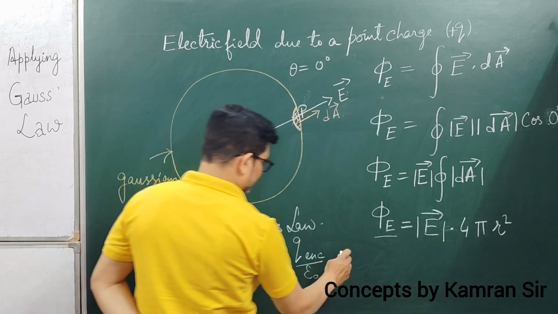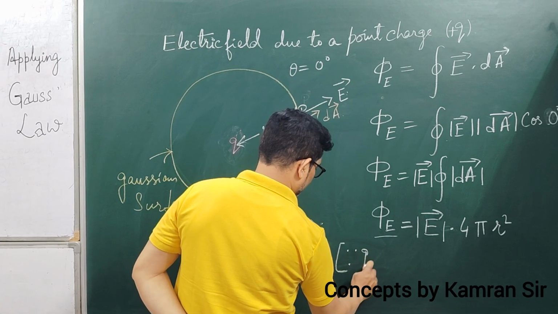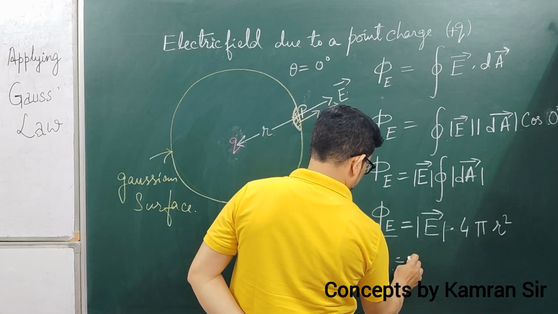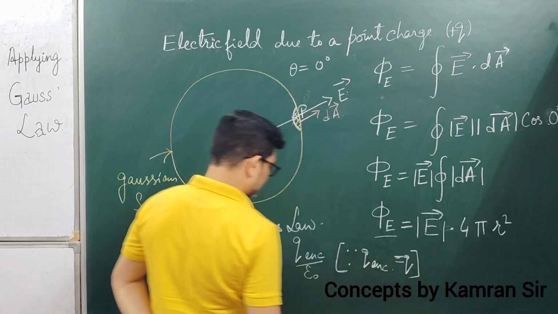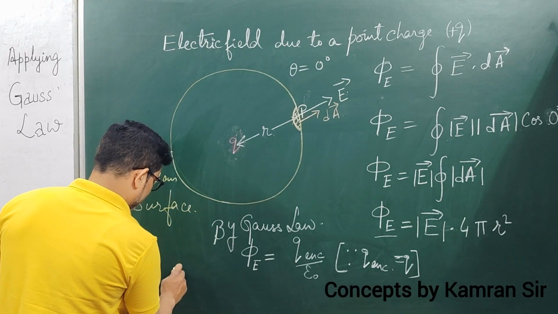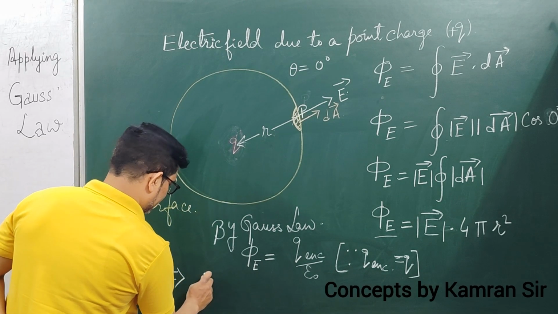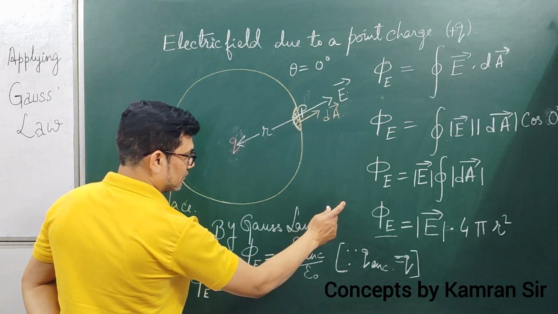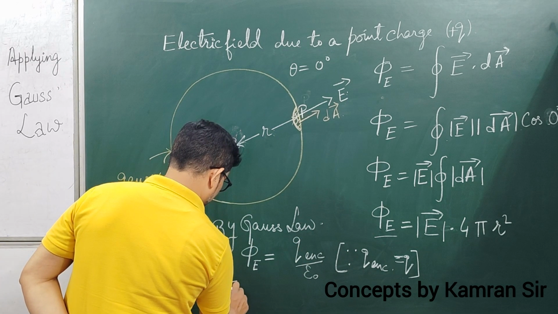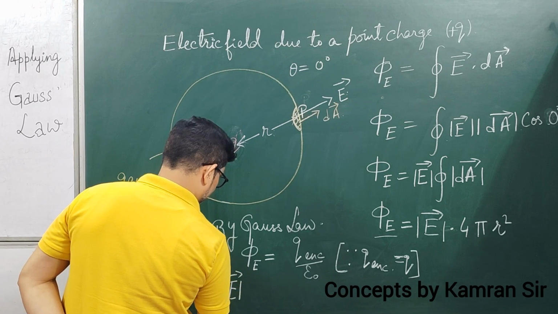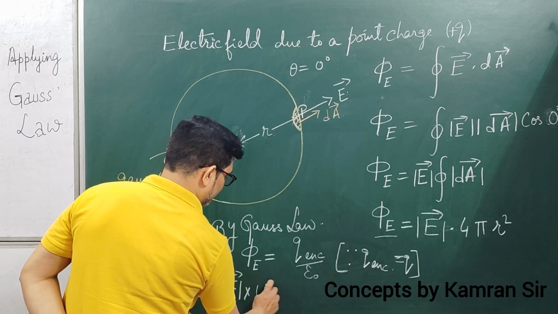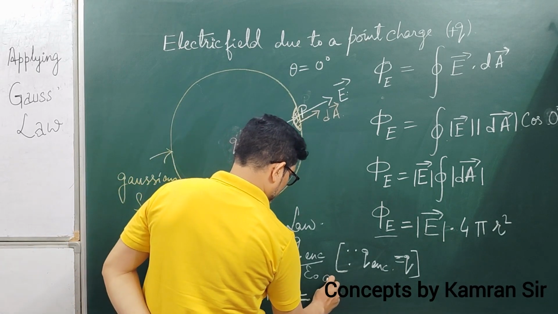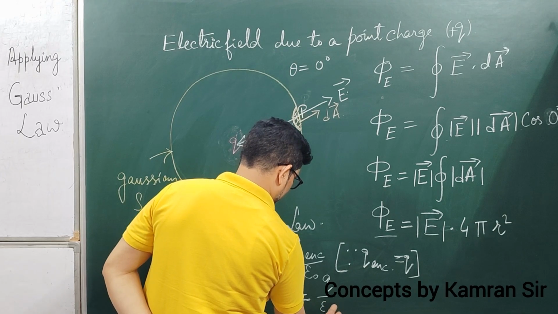And we know what the charge enclosed is: it is the source charge, which is the given positive charge Q. So our equation becomes: the net flux, which we have evaluated as E, the magnitude of the electric field, times 4 pi r squared, should be equal to Q, the enclosed charge, over epsilon naught.